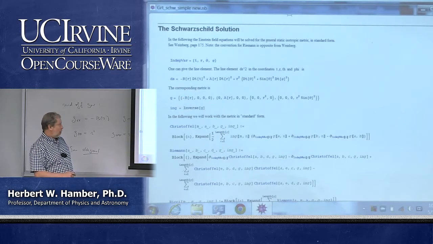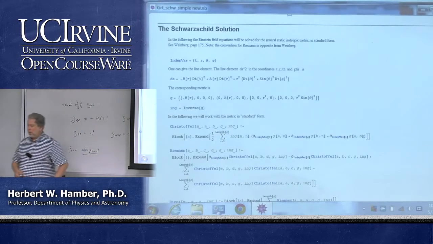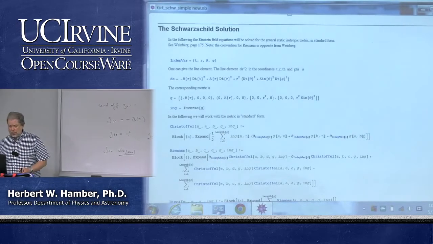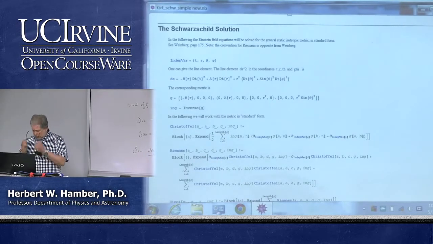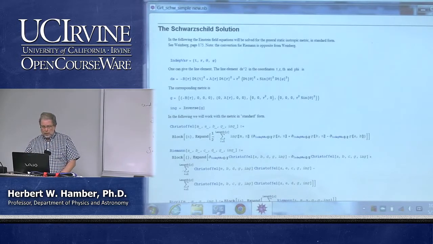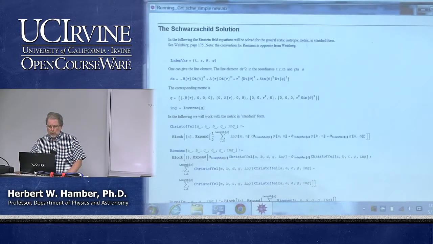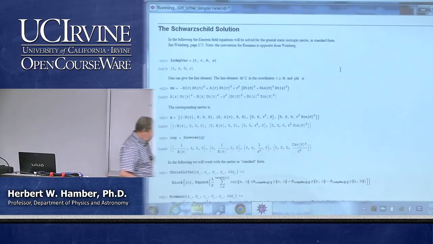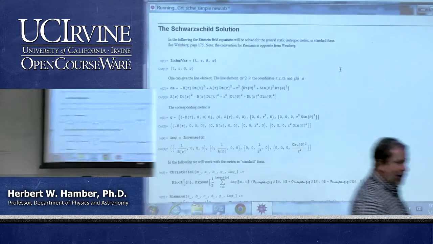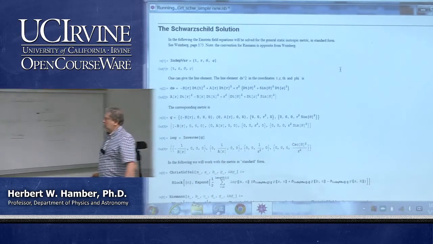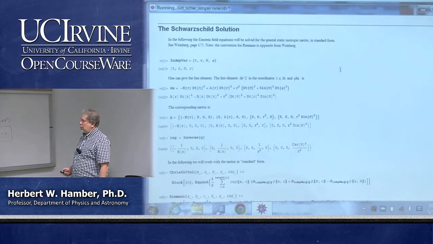Calculate the inverse, which is trivial, and then calculate by exactly the same formula as I had before the Christoffel symbol, and from that, the Ricci tensor, the Ricci scalar, and the Einstein tensor. So we're going to do that, and so evaluate notebook. And now in this case, of course, it goes at lightning speed because the metric has such a simple form.